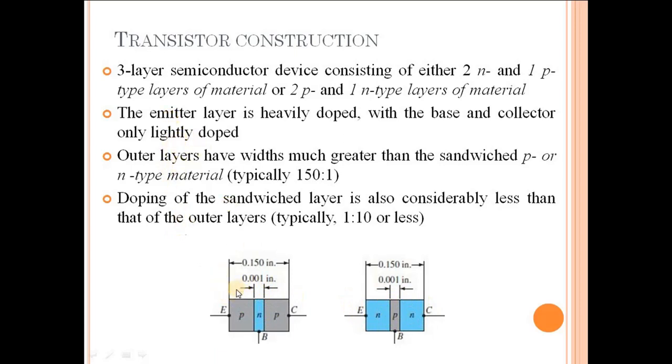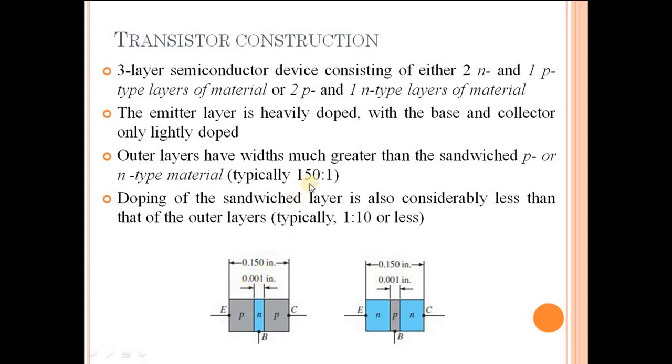Out of the three layers, let us take the case of a PNP BJT. The sandwiched base layer has a very thin width. It has a very small width. If the total width is 0.150 inch, then for a typical BJT, the base layer has a width of 0.001 inch.